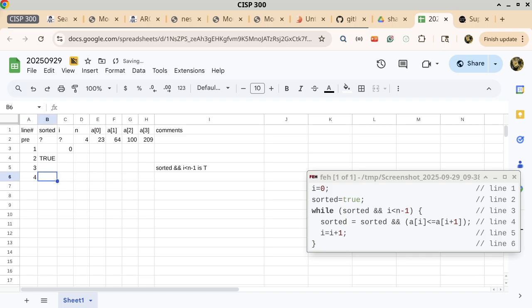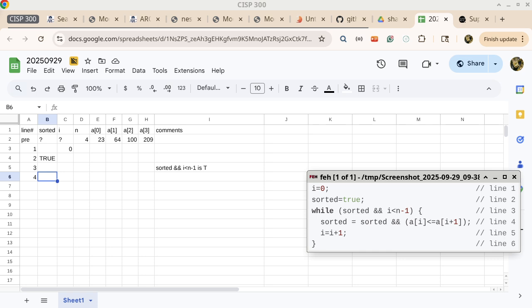All right. So line 4 is kind of interesting because now we have to evaluate the right-hand side of the assignment, which is this expression here. So the first thing we say is, oh, it's a conjunction. And the left-hand side of the conjunction is sorted. Well, sorted is still true. So that means I cannot determine the value of this conjunction just knowing that sorted is true.